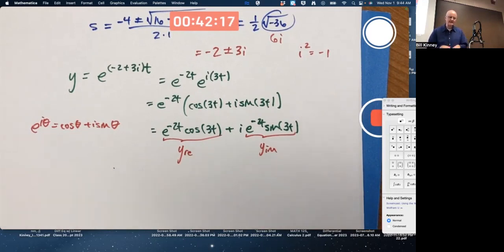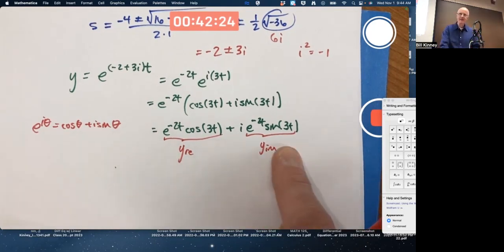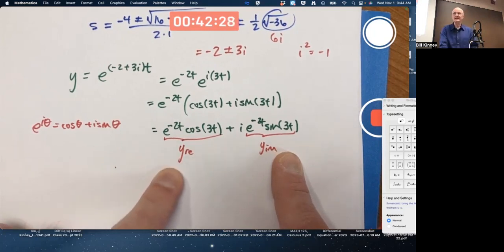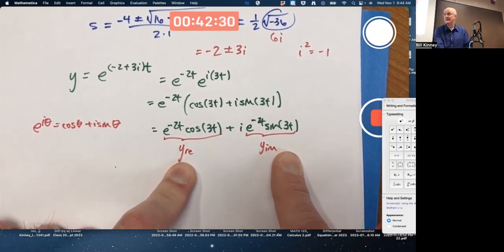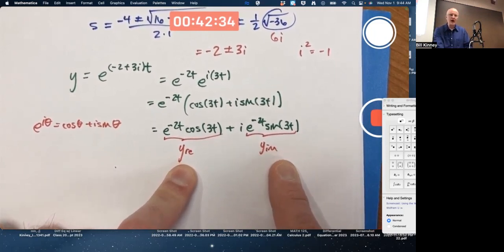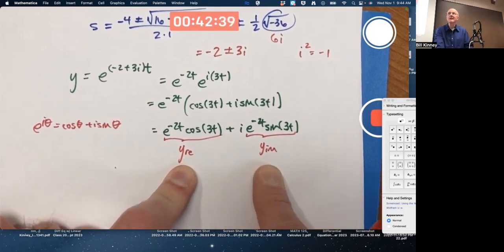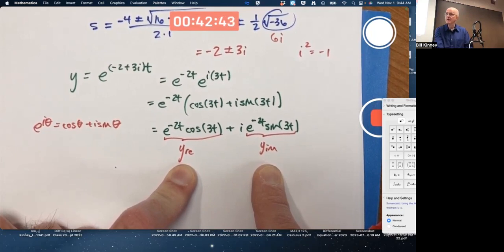That imaginary part exists. Notice I'm not including the I in there. It's just next to the I. And it turns out, it can be verified, and the textbook does so, actually. You should read it, section 3.4, that y_re and y_im, no I's, that I's gone, are both solutions of the original differential equation.